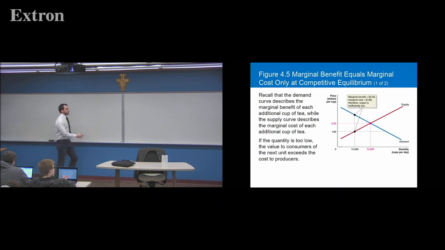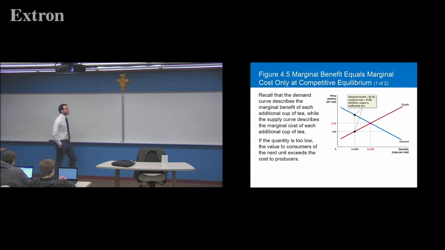Firms will continue to produce until the marginal benefit equals the marginal cost. So they're going to move up the supply curve. The quantity increases. They're going to move down the demand curve all the way until that equilibrium point. At that point, they won't earn a profit from producing more goods. At that point, the marginal cost is going to exceed the marginal benefit.